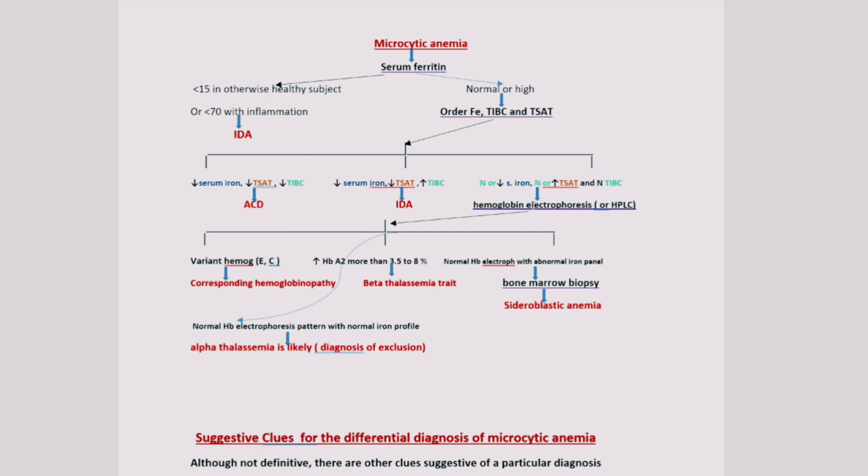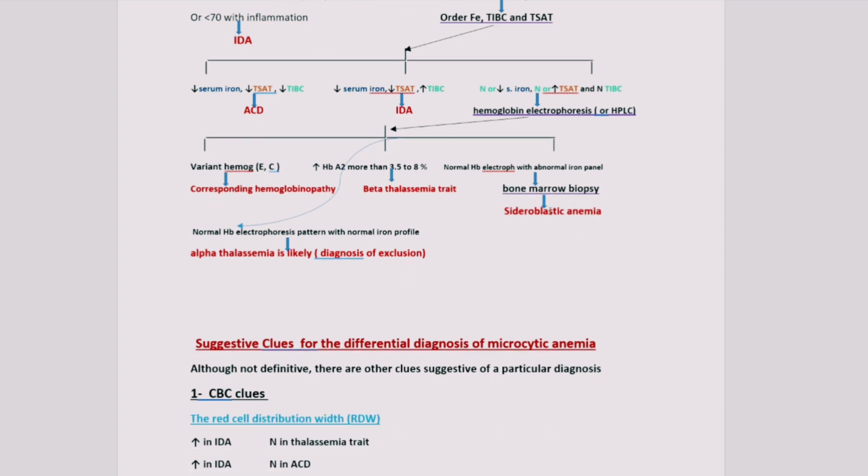Non-conclusive iron profile, request hemoglobin electrophoresis. Hemoglobin A2 high, beta thalassemia trait. Hemoglobin C or E detected, hemoglobin E or C disease or trait is diagnosed. Normal electrophoresis, normal iron profile, alpha thalassemia trait is the likely diagnosis. Normal electrophoresis and abnormal iron profile, sideroblastic anemia.